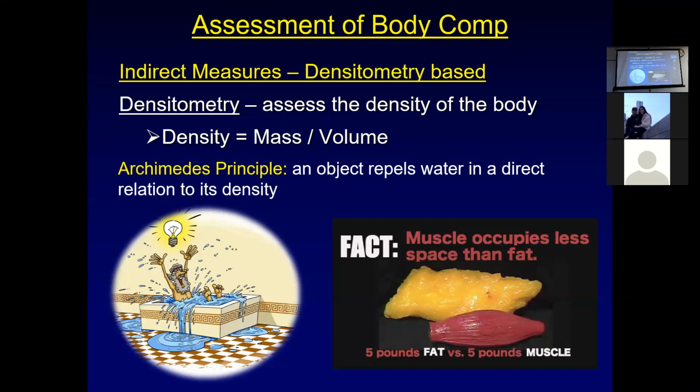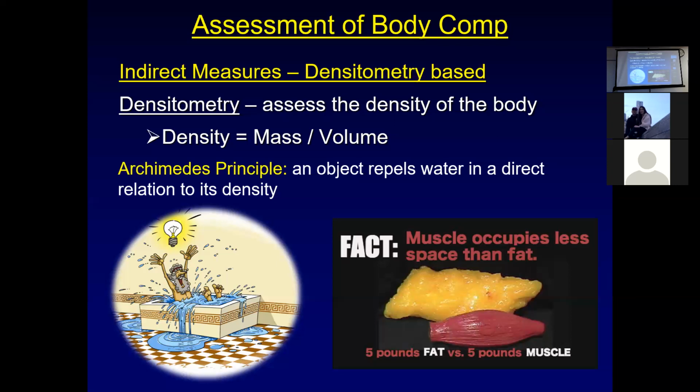Because fat, muscle, and especially bone have very different densities, muscle occupies less space than fat. Muscle is more dense than fat. Muscle has a density relative to water of about 1.1. So water is our reference density.